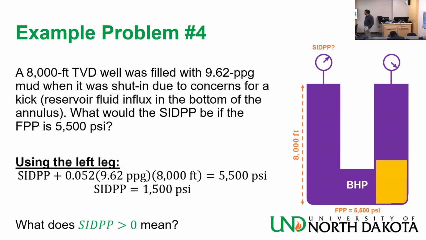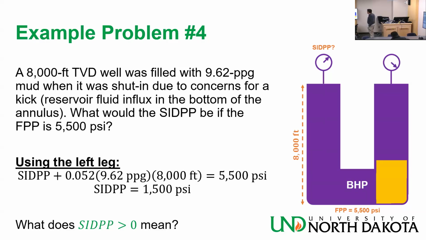Generally it's atmospheric on the SICP side. But what do you think physically SIDPP means? We don't have a kick. Means the mud weight is more than the... No, the opposite. It means that the mud weight alone is not enough to hold the formation pore pressure.